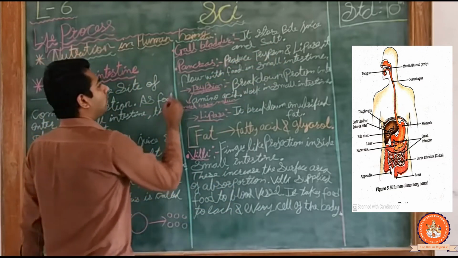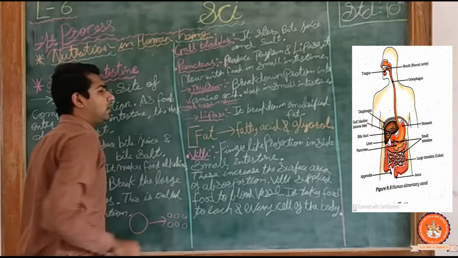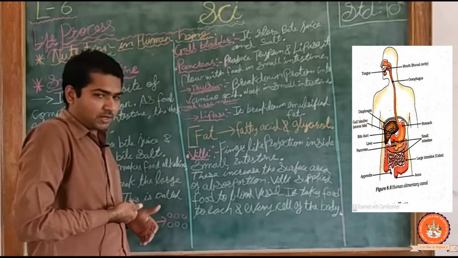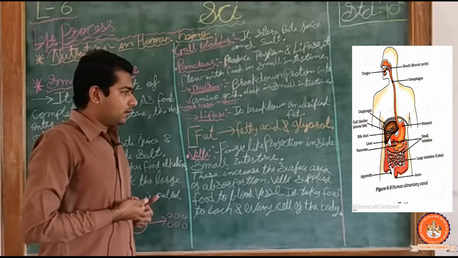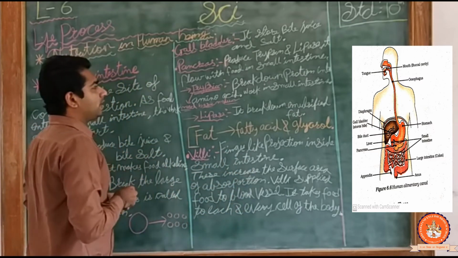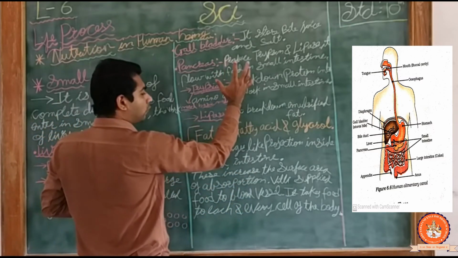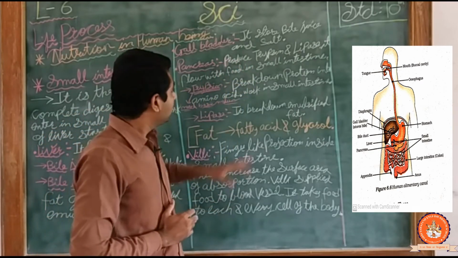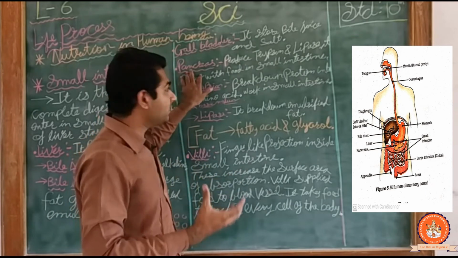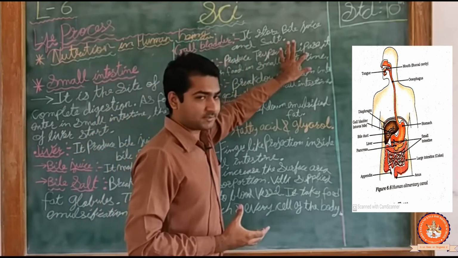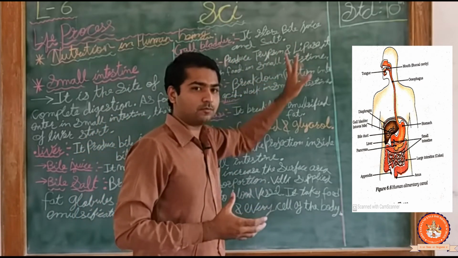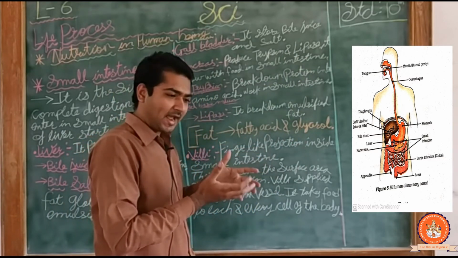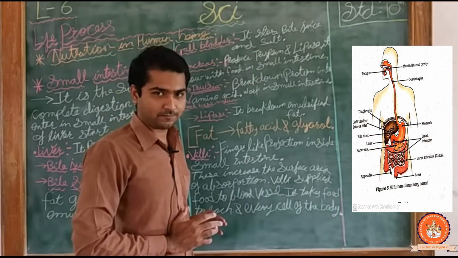Coming to the pancreas. Now what is the pancreas? The pancreas is below your stomach, okay. Now what happens? When the food enters from your stomach to the small intestine, from the pancreas, trypsin and lipase, both of which are enzymes, also flow with your food and come into the small intestine.